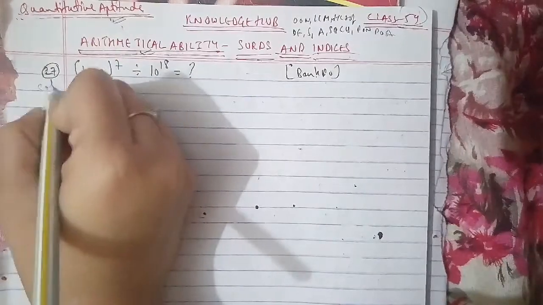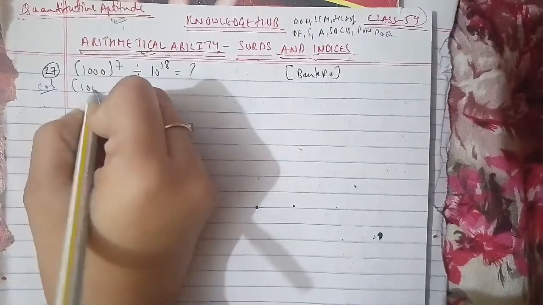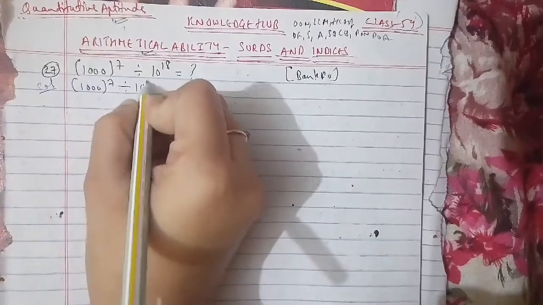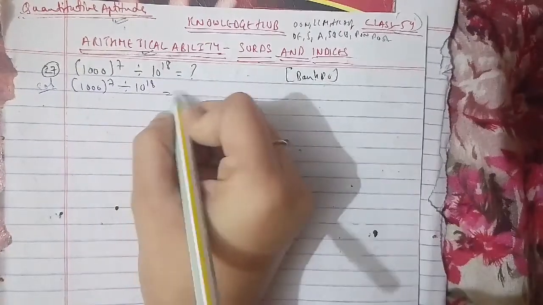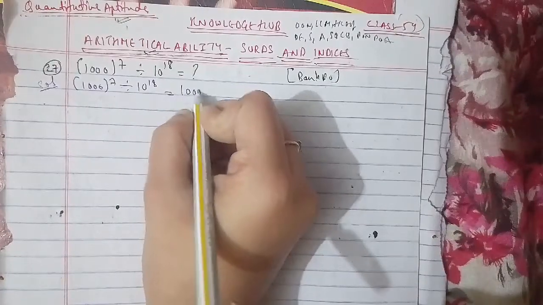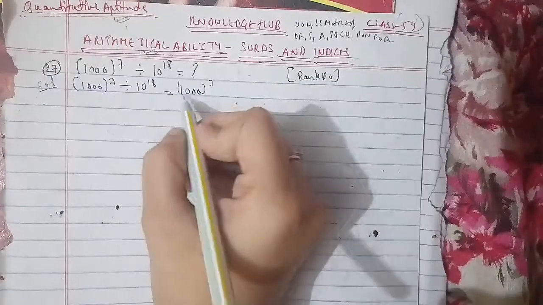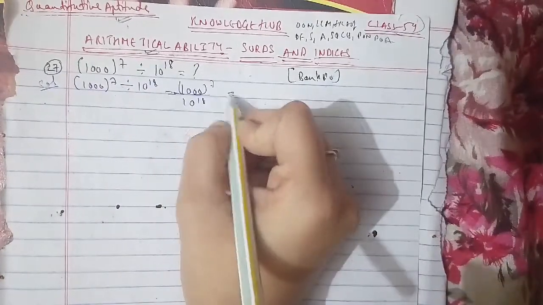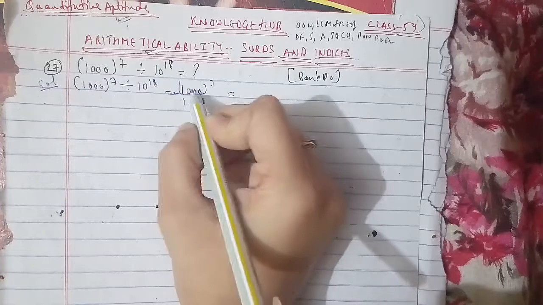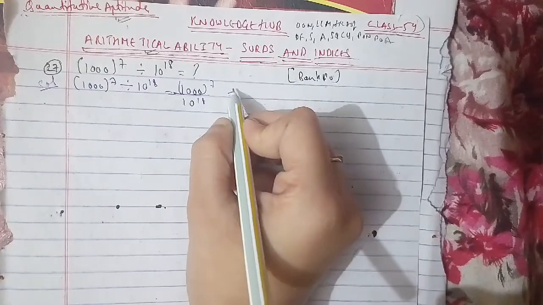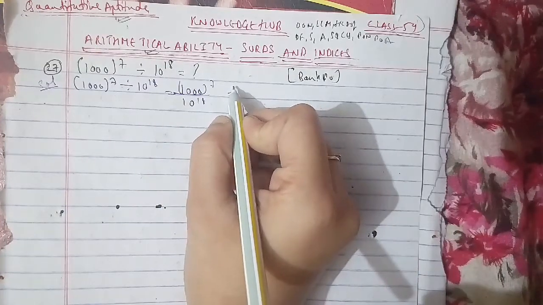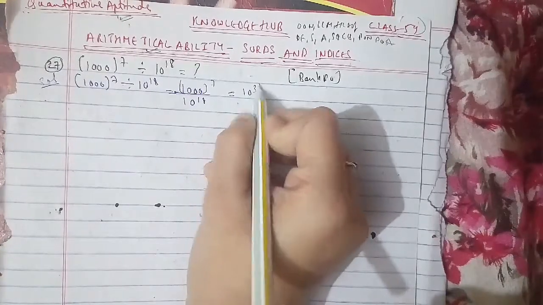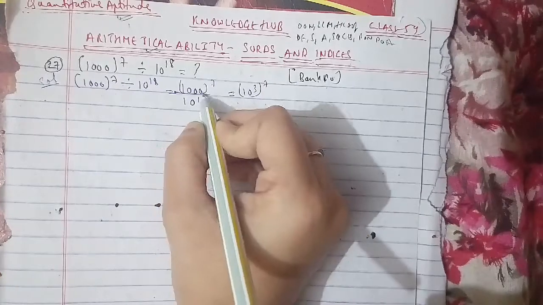1000 power 7 divided by 10 to the power 18 is equal to... If we break 1000, it is 10 to the power 3, so it becomes (10 to the power 3) to the power 7 upon 10 to the power 18.